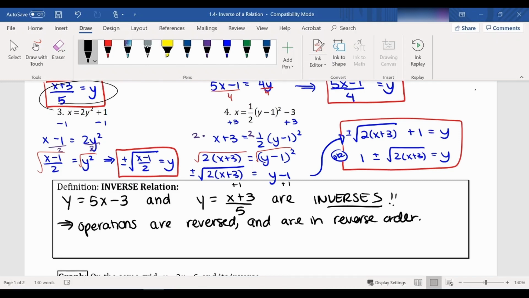Okay. To determine an inverse, the simplest way, we're going to interchange or swap the x and the y and then resolve for y.